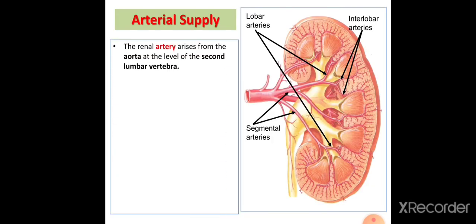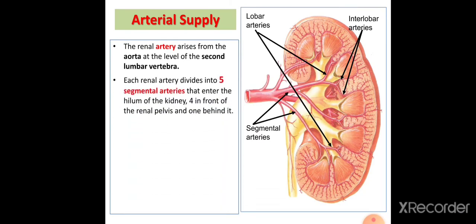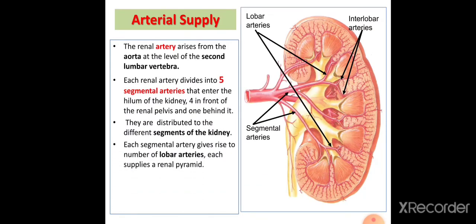The kidneys are supplied by the renal artery, which is a branch from the abdominal aorta at the level of the second lumbar vertebra. The renal artery divides into 5 segmental arteries, and then these segmental arteries divide to form lobar arteries.